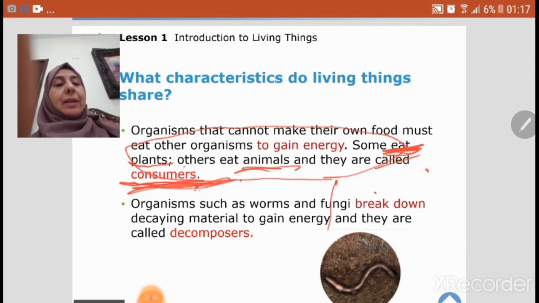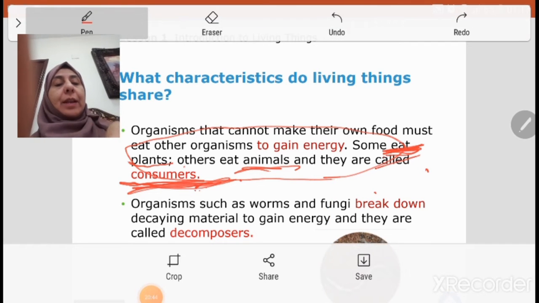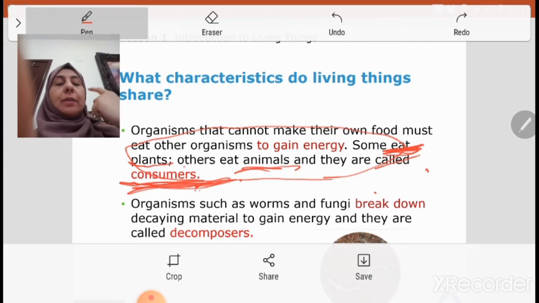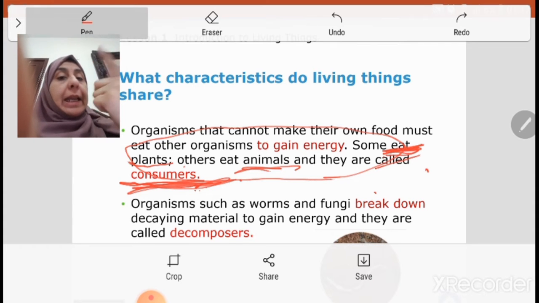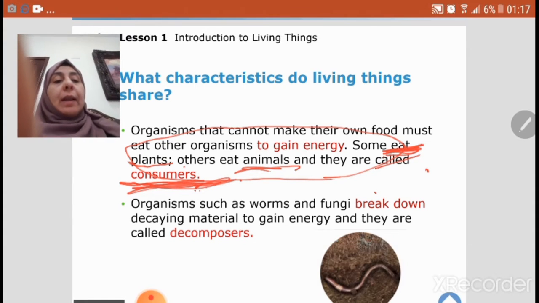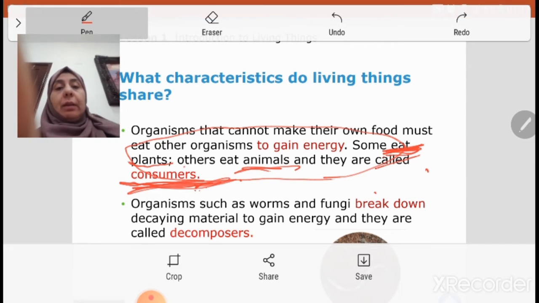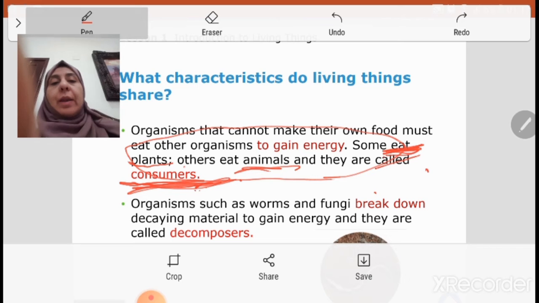Finally, the last type of organisms don't make their own food, they don't eat, they can't move to eat, and they are not able to eat any kind of food. So how do they get the energy?